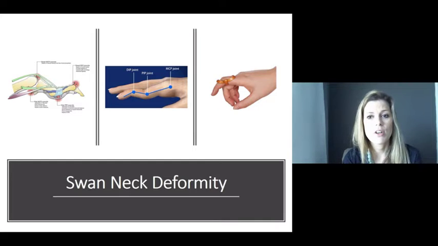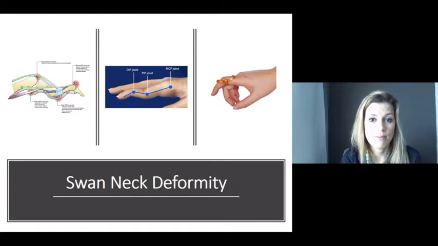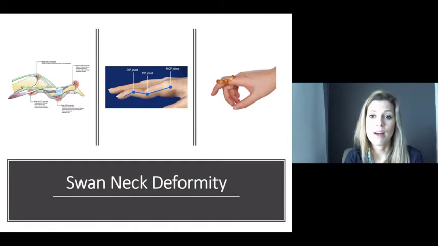And if you look on the picture on the left, when the PIP falls into hyperextension, those lateral bands migrate dorsally, okay? And because they migrate dorsally, they put a lot of slack through the terminal tendon. And when there's a lot of slack on that terminal tendon, you can have that DIP joint fall into flexion, okay? So this is a pattern that you're typically, as an OT, wanting to address and maybe fabricate them a type of orthosis as seen on the right to block that hyperextension.